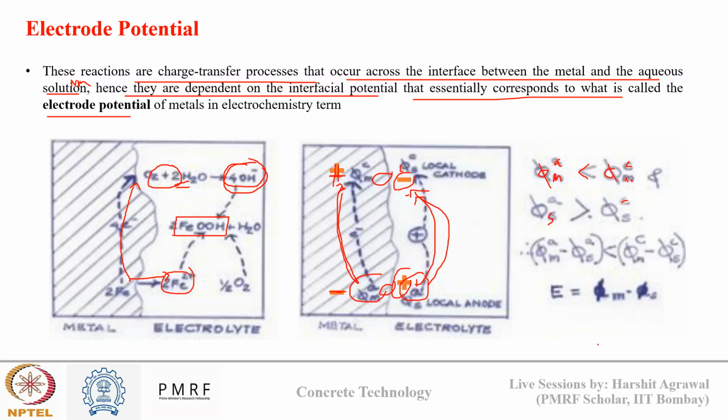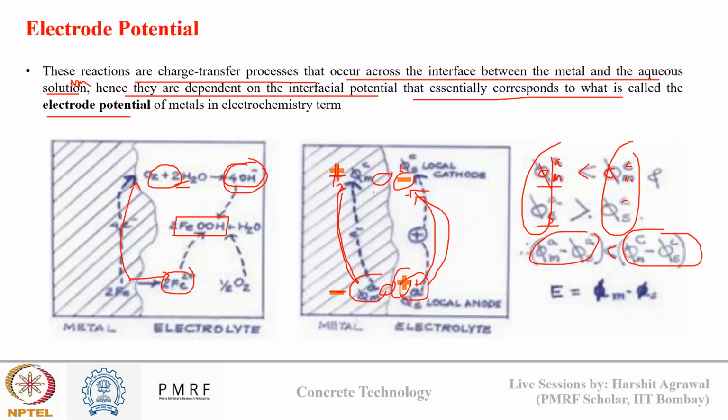And the difference between these two will be lower than the difference between these two. If you subtract a bigger value from a smaller value, it will be lower than if you subtract a smaller value from a bigger value.